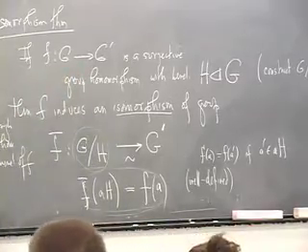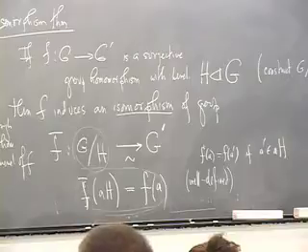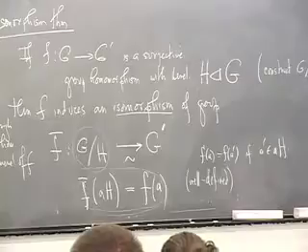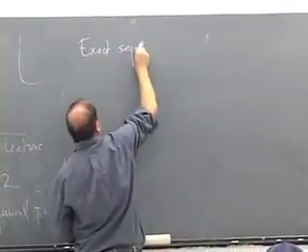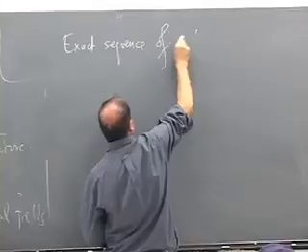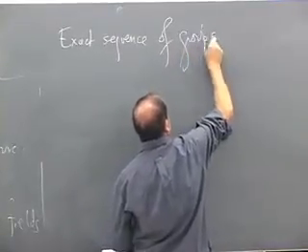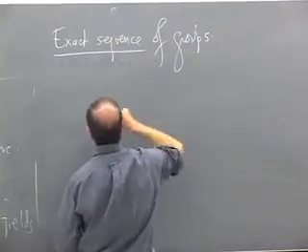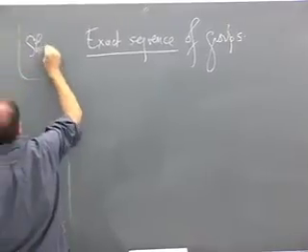Now I'm going to give you a little bit of notation, and also a little bit of warning about it. I'm going to tell you what an exact sequence of groups is. Well, actually, I'm going to tell you what a short exact sequence of groups is.